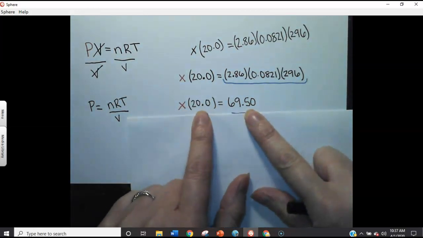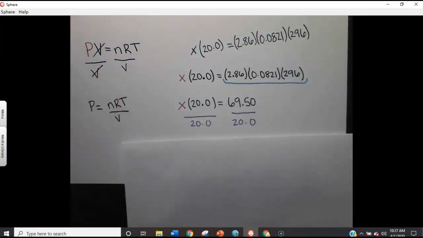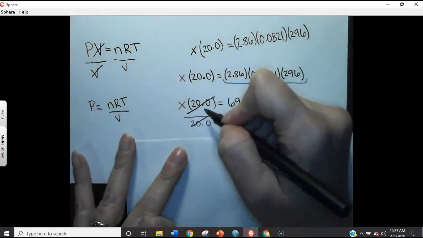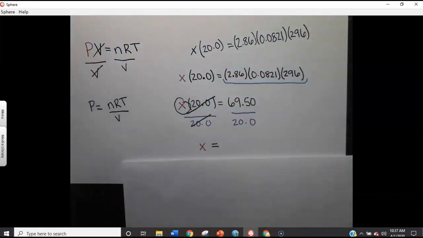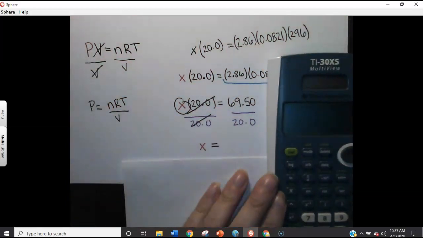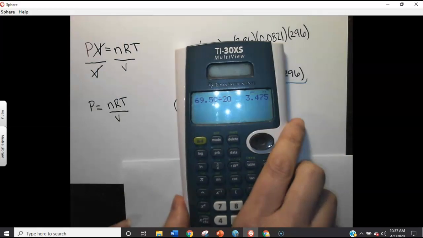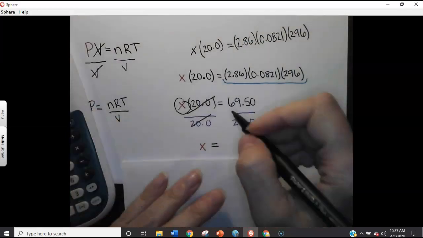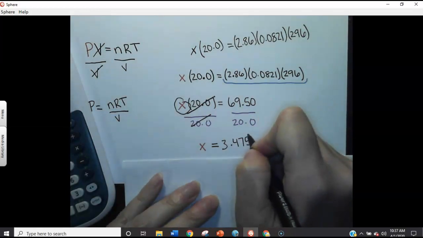X is being multiplied by 20, so I do the opposite, which is I divide both sides by 20, so that this cancels out. I have x by itself equals this answer on the right. So the top number, 69.50, divided by the bottom number, 20, is 3.475.